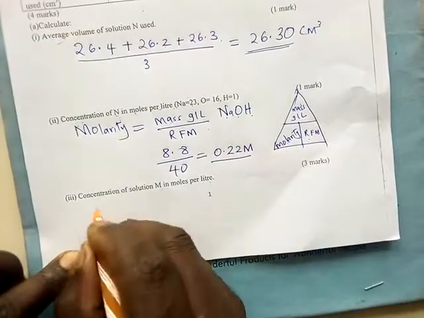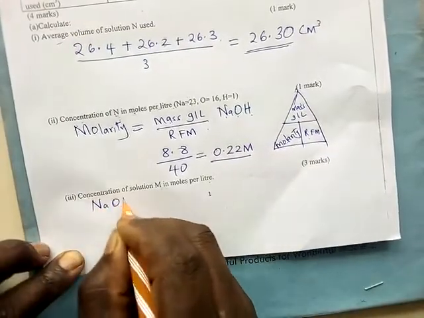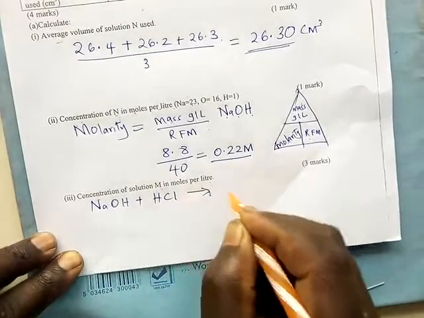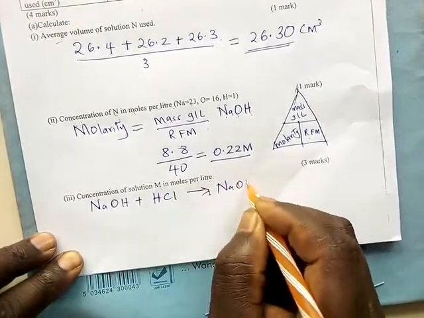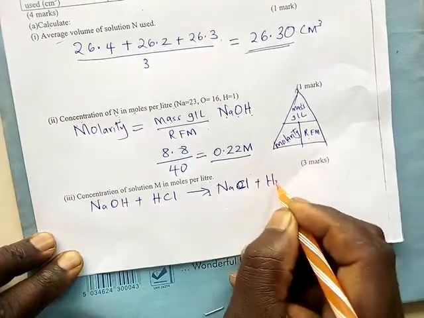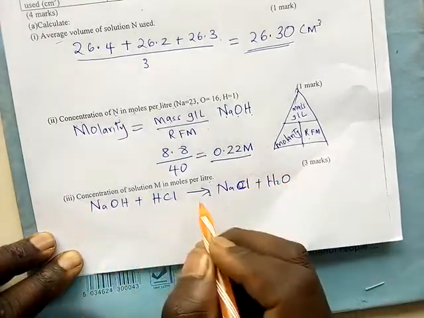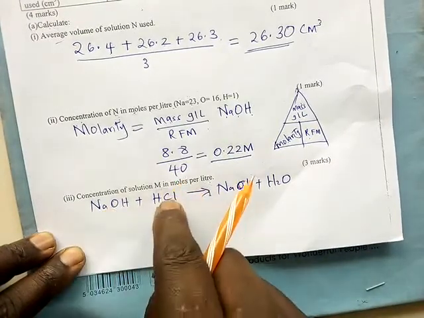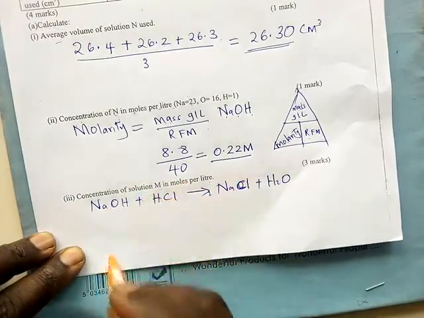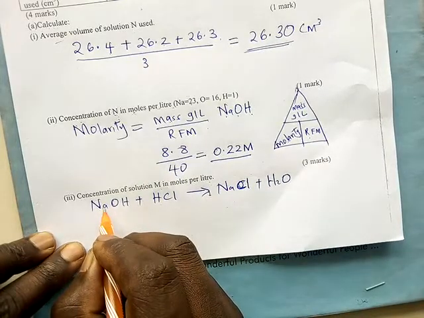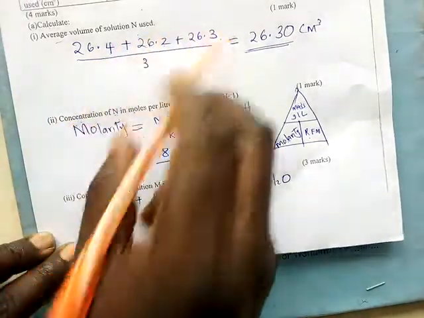Although we know sodium hydroxide and HCl, the ratio is 1:1 because it forms sodium chloride plus water. The ratio is 1:1. It means that the number of moles of sodium hydroxide is equal to the number of moles of HCl. Already we have sodium hydroxide, which we used, this solution N.